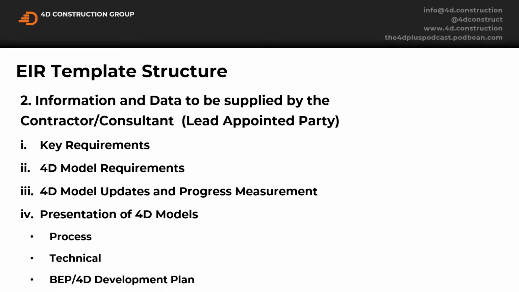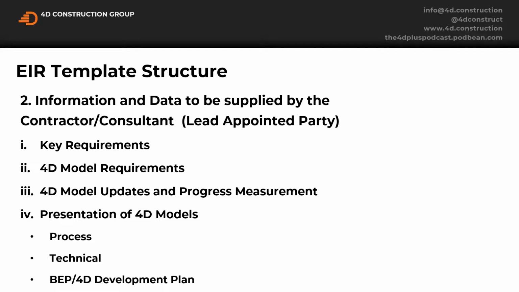Now, there's lots and lots of different things to consider there, but it's really important that it's communicated, because otherwise, particularly if you've got multiple suppliers, you won't get that level of consistency. In the third part, we talk about how the information is updated and how you measure the development on the project. Now, for me, this really comes down to planning versus reporting.